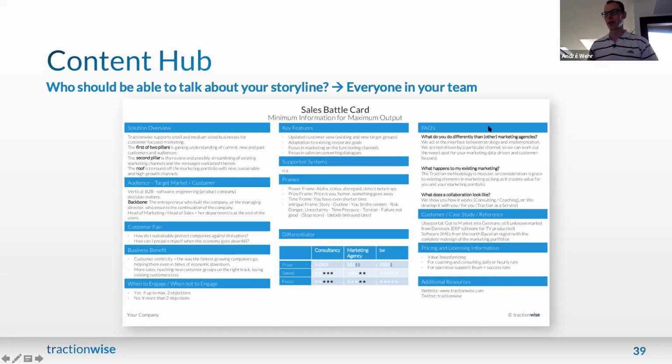And therefore it makes sense, for example, to print that, and also your developers, if they come into the situation that they need to talk about your product or your company, or if they are asked one of these FAQs, that they know what to talk about. And this is one document that might be reviewed from time to time, and brings you very much focus.